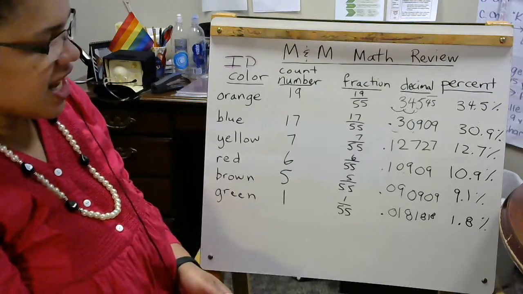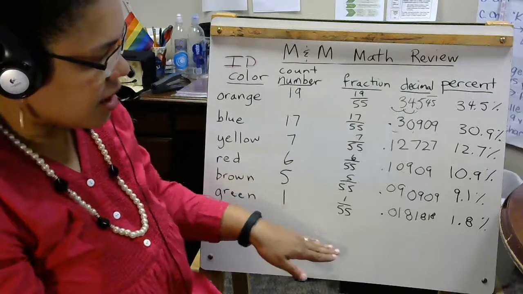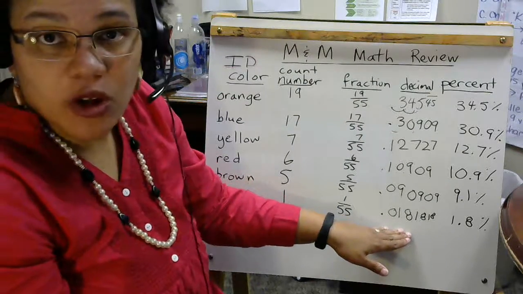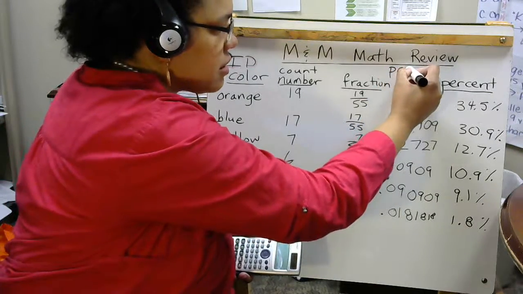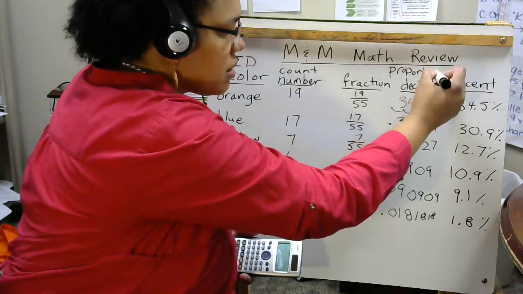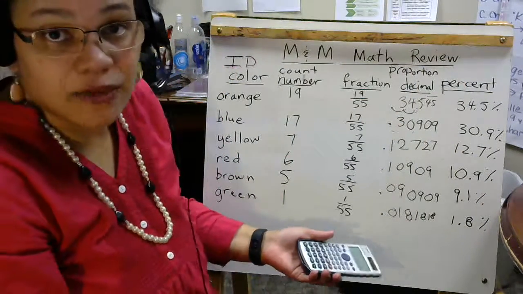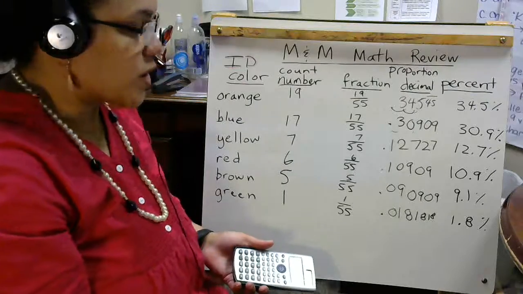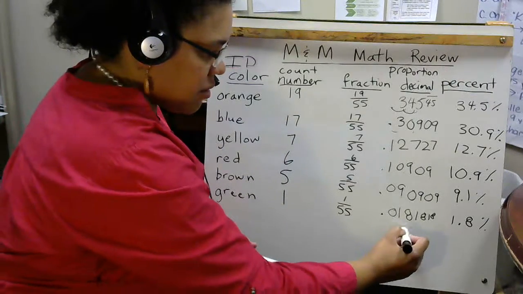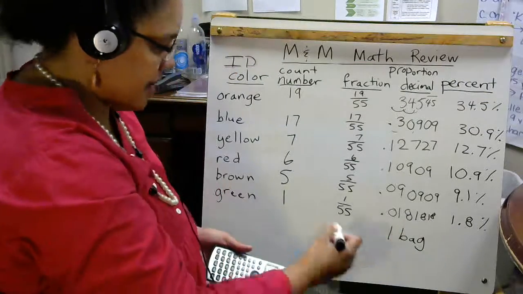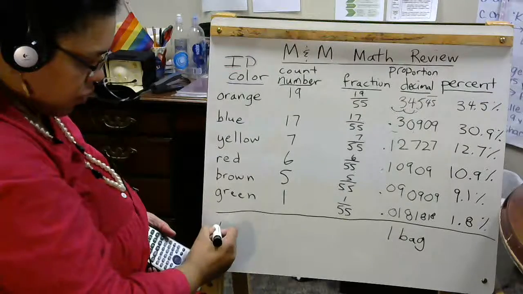So we have a fraction. When we express it as a decimal, often that's talked about as the proportion. Okay, and the proportion is out of 1. So it was 1 bag of M&Ms. Let me write total here.